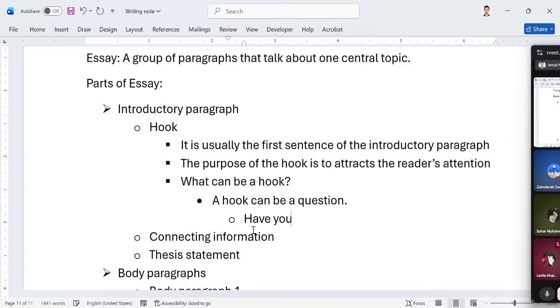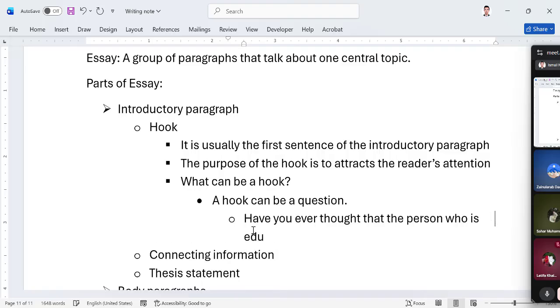For example: have you ever thought that the person who is educated is literally equal to the one who is uneducated?